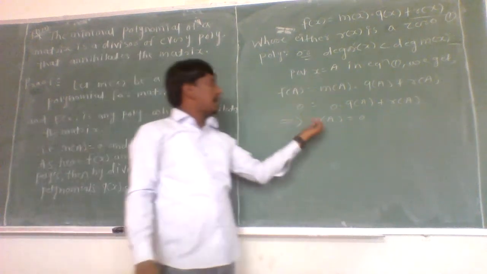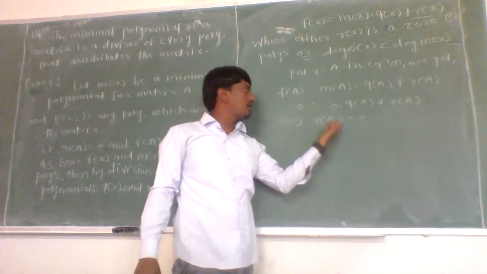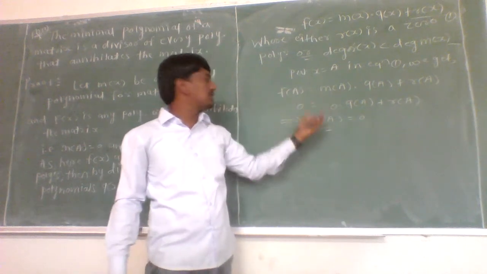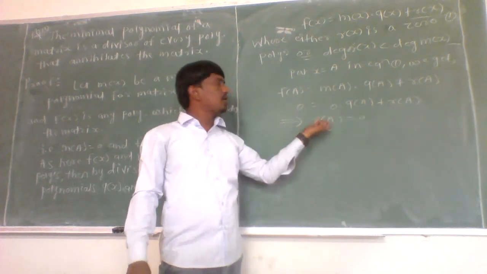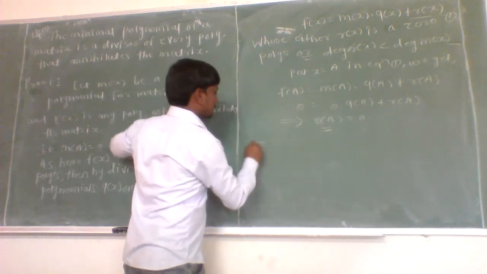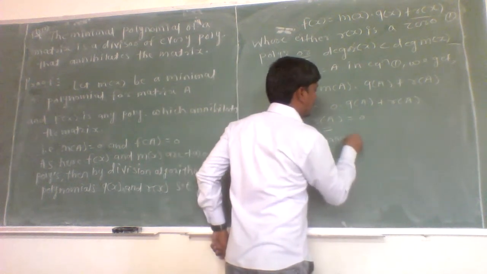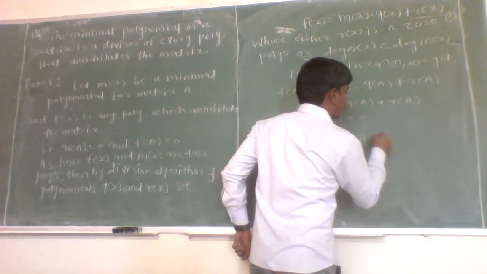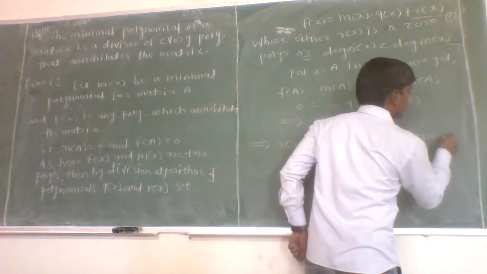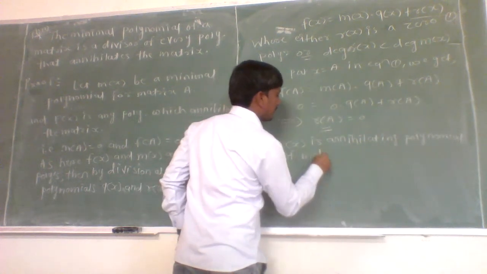Then by the definition of an annihilating polynomial of a matrix A, r of x is an annihilating polynomial for matrix A, since r of x annihilates the matrix A.